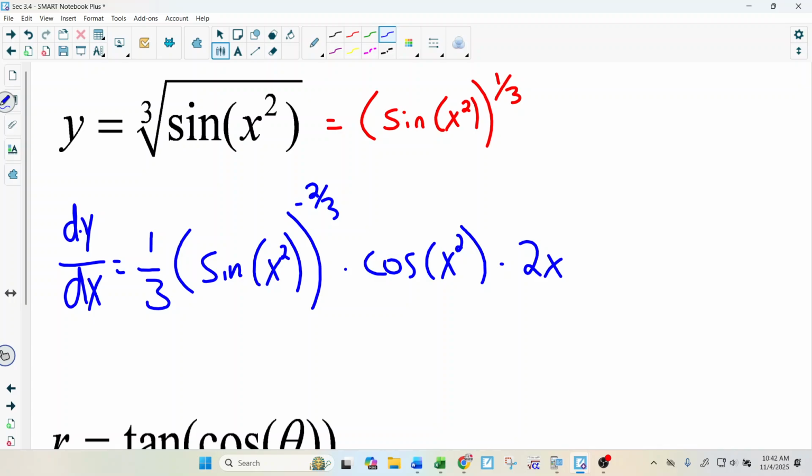What'd you miss? Forgot to change it to cosine. Oh, you didn't do the derivative of the sine. I put the 2x in with the cosine. So. Inside the parentheses? Yeah.